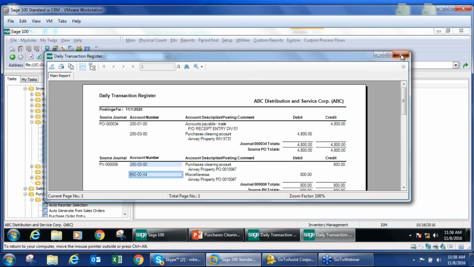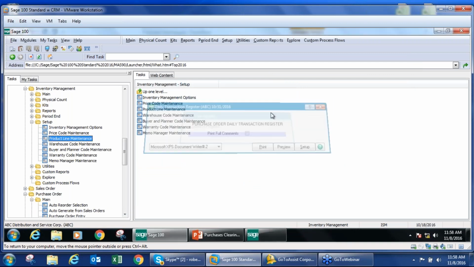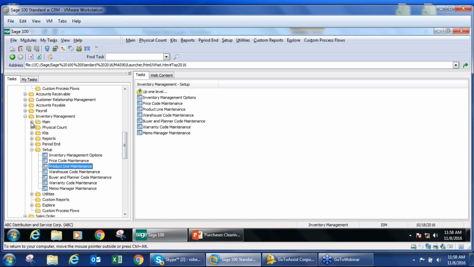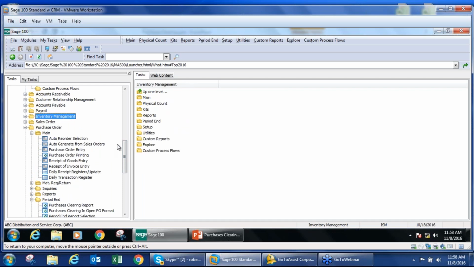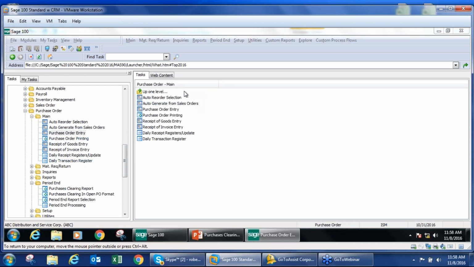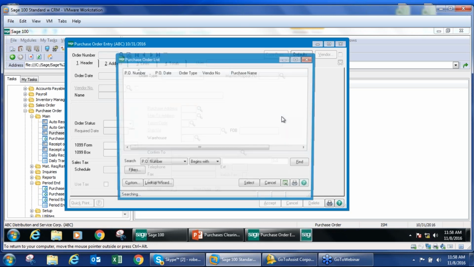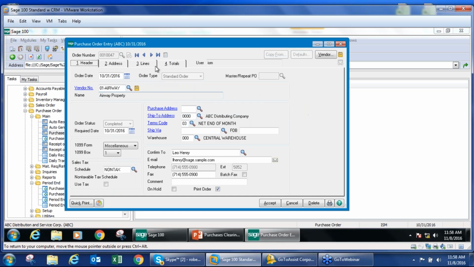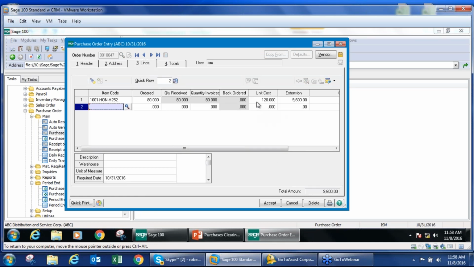So now when we post this transaction, it's now posted. A couple of things I'm going to show you is, one, since we changed the unit price to $120, and we go back into the PO, the PO unit cost now reflects the change in price.